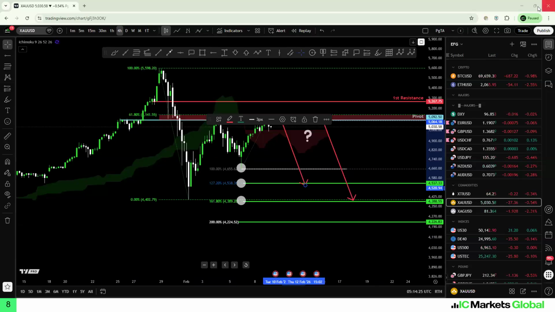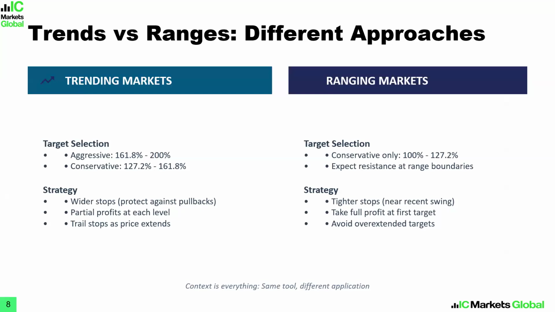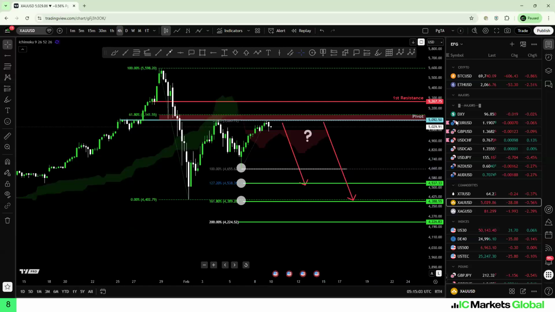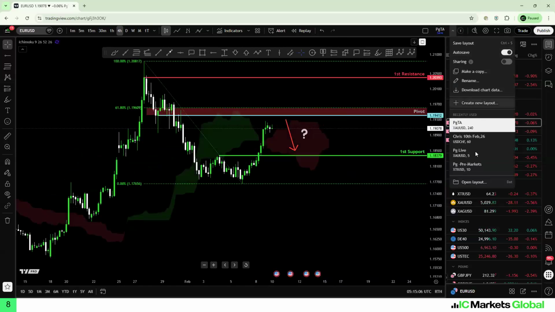Okay, I'm going to continue. So let's just use an example. I'm going to use example one. Here, they just use EURUSD for the example.